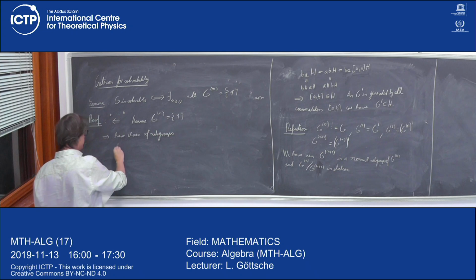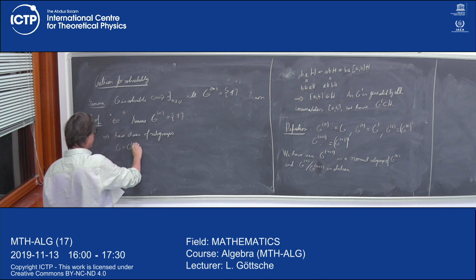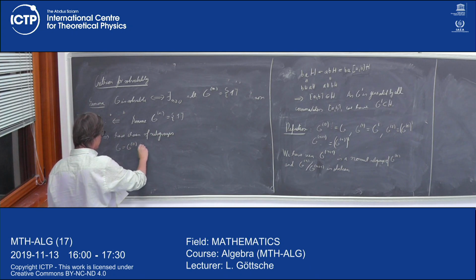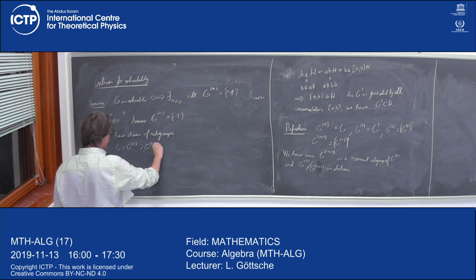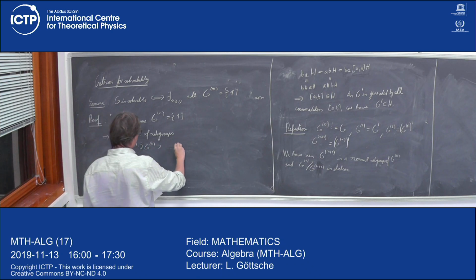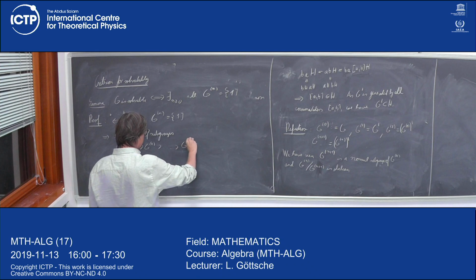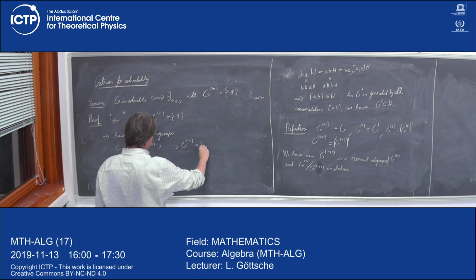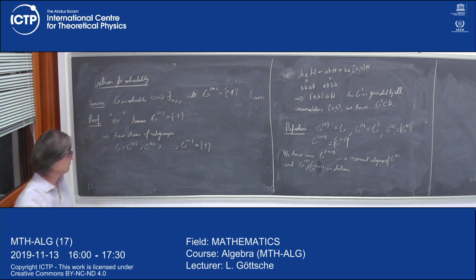G is equal to G0 contains G1, contains G2, and so on, contains Gn, which is just 1, according to what we have said here.